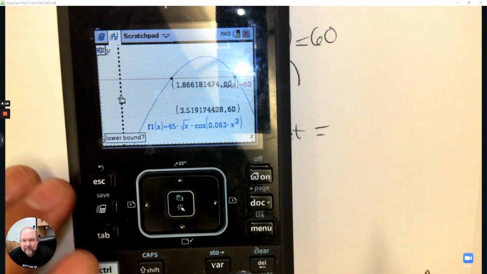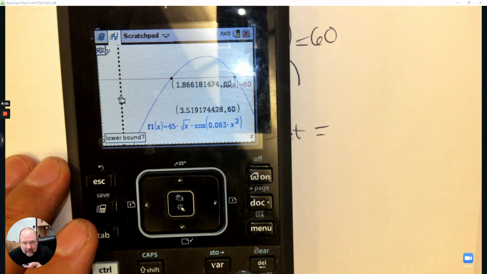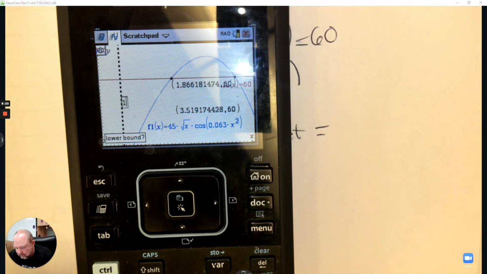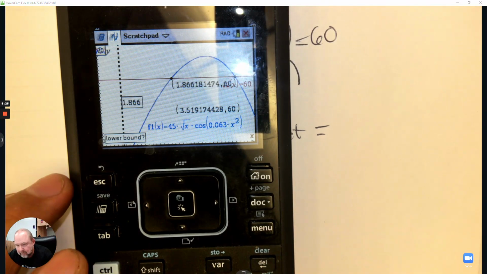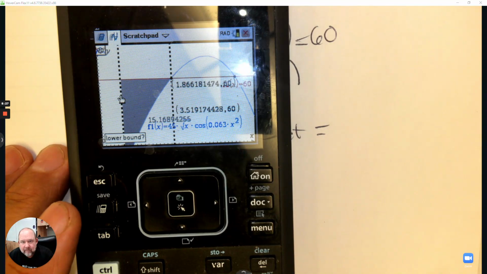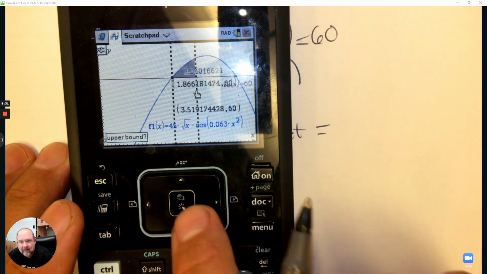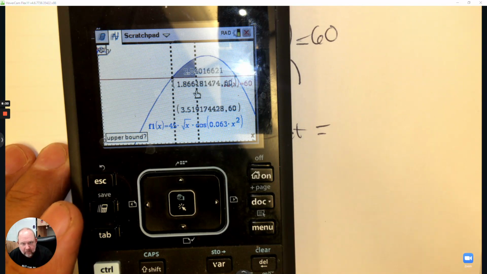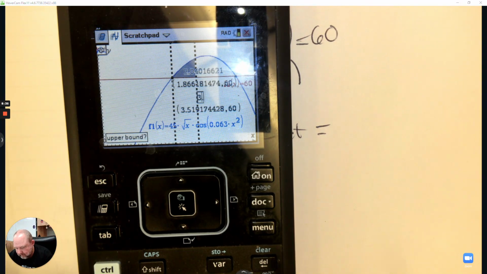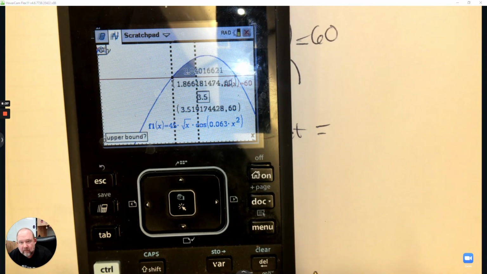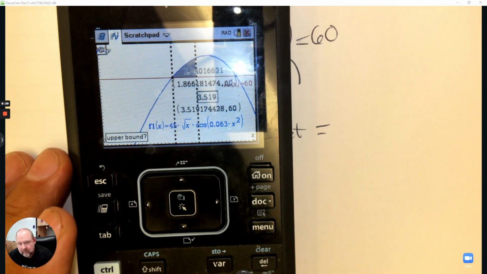That's going to be 8. And then the lower bound is 1.866, and then press Enter. And then the upper bound is 3.519. Press Enter.